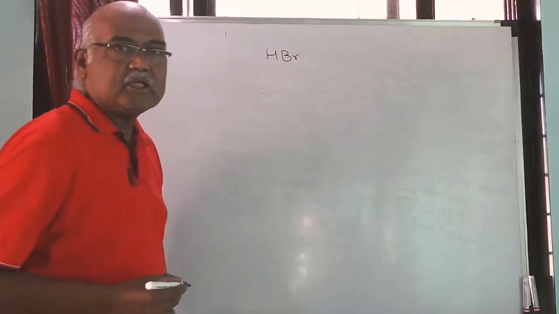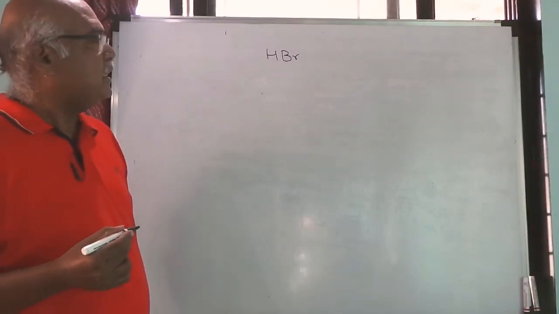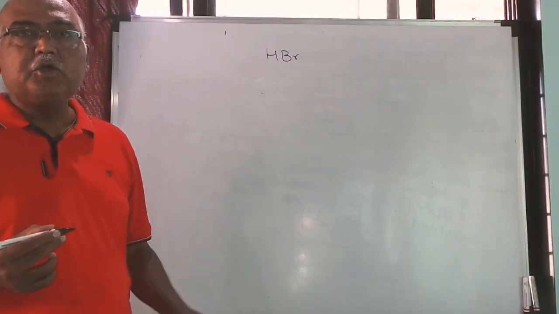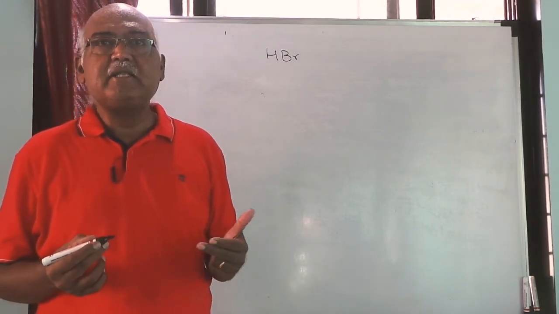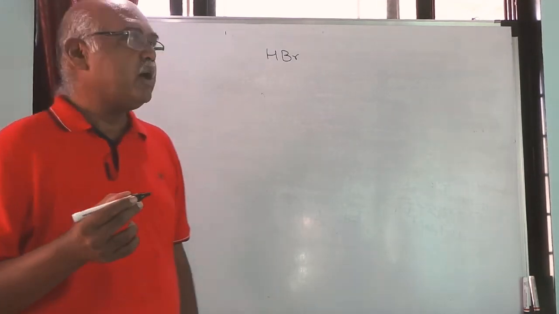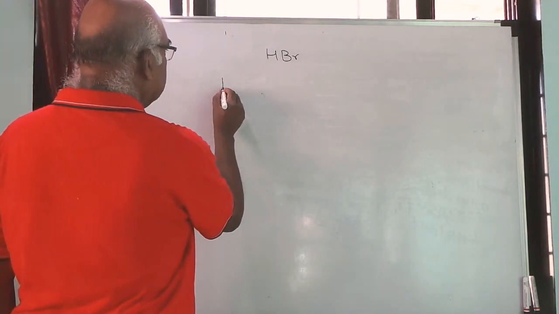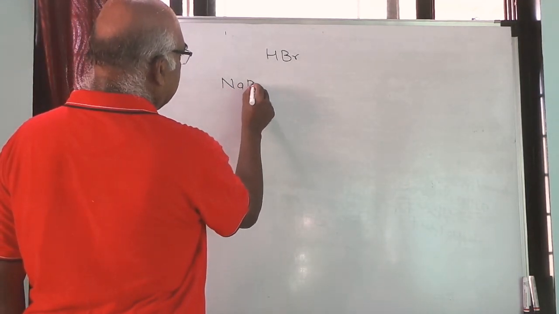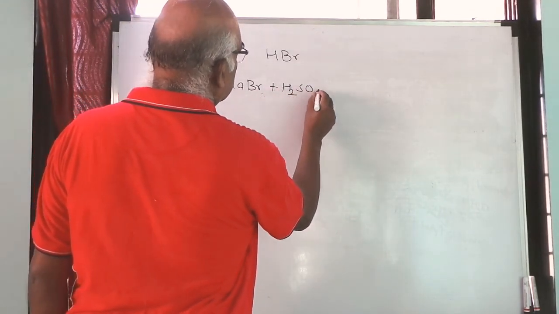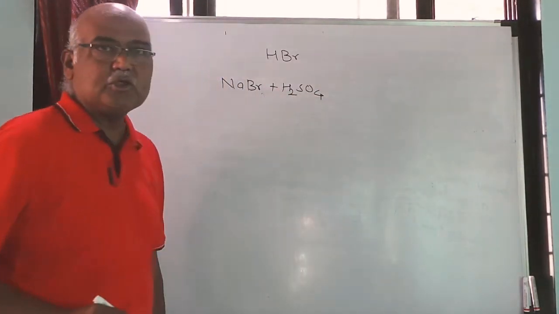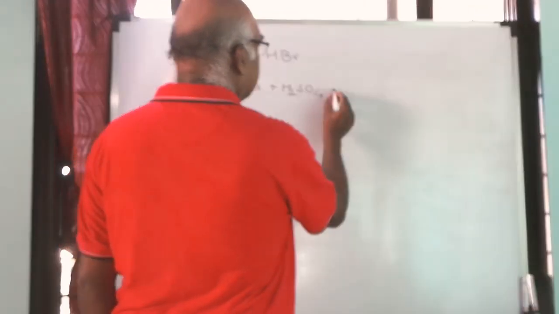If you want to take HBr, then you cannot directly take HBr. You have to prepare this HBr in situ, that means at the reaction site, and for that you have to take sodium bromide, NaBr, and this is treated with H2SO4.